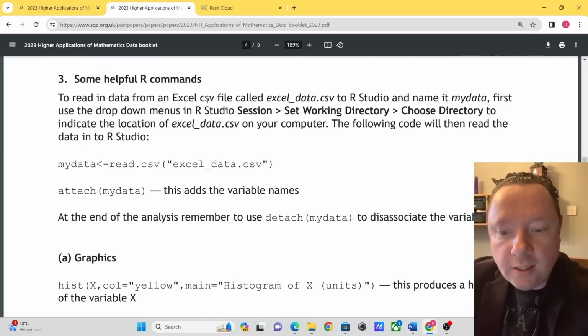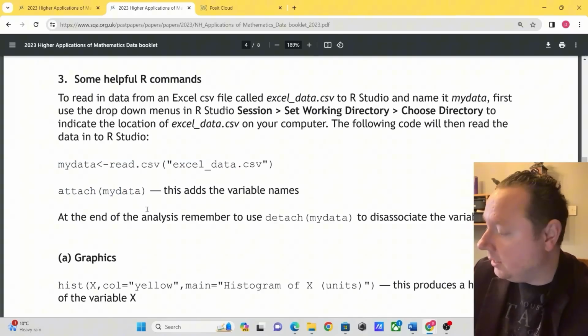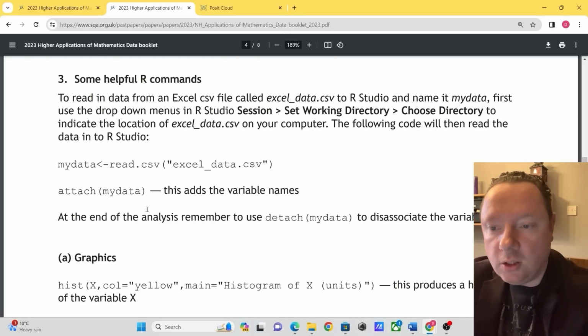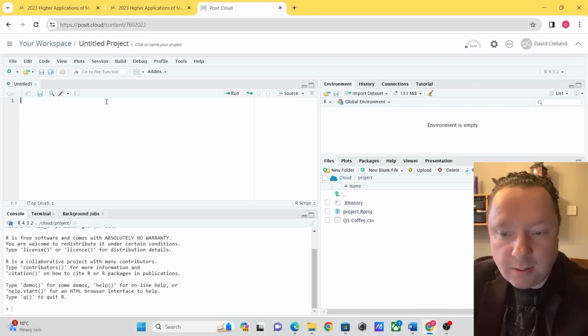The first ones we need are my data and attach my data. Now I'm going to type this in, but you can actually copy and paste these as well, which is really quite handy. But I'm going to type them in in case copy and pasting doesn't work for you. So let's go to RStudio, which I've got on the cloud, but you might have it downloaded, same kind of thing. You find your file on your computer and get it into RStudio first of all.